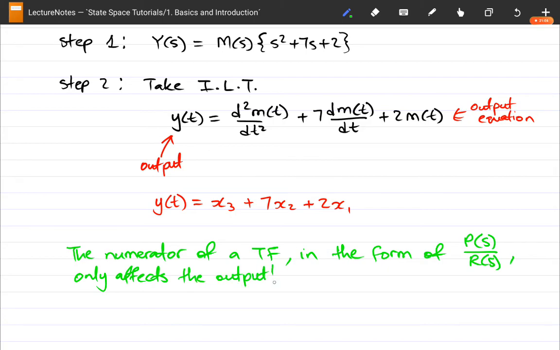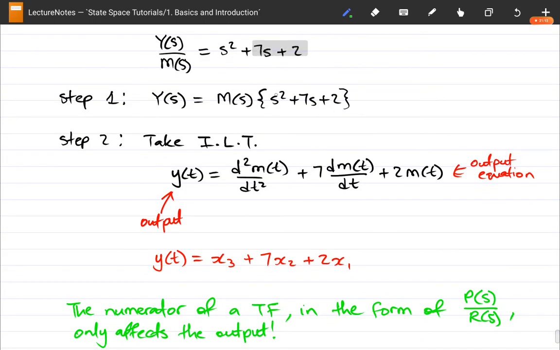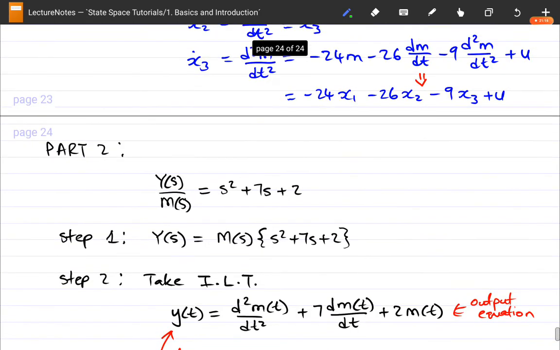So that's very important, because the numerator strictly affects the output. And this is the numerator, as you can see. So we were able to separate the numerator and have it in part 2.